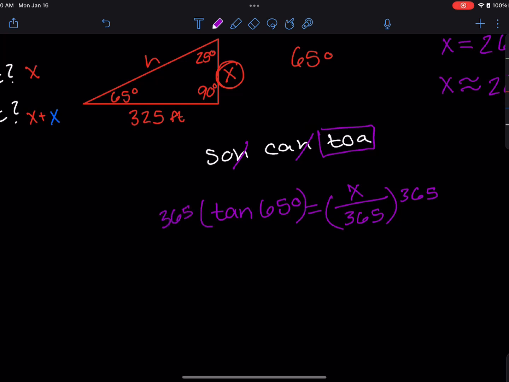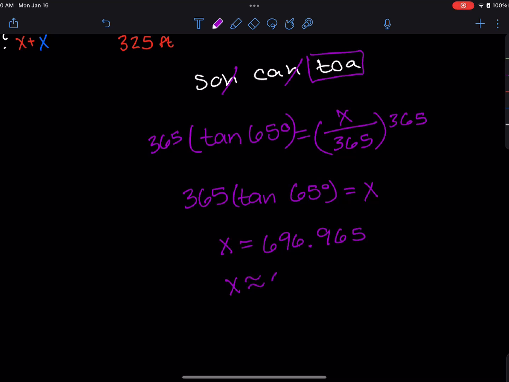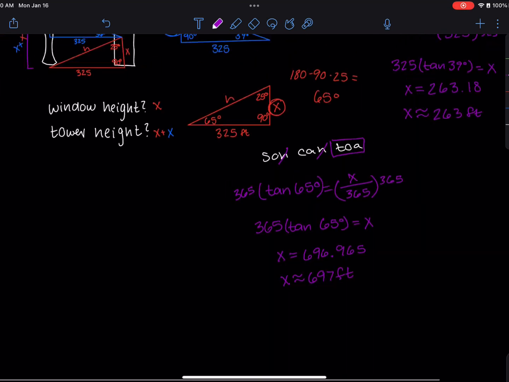Let's double check my math there. Yeah, I did 325 for the real problem. We would multiply that by both sides and get 325 times tangent of 65 equals x, which would mean x is 696.965, or approximately 697 feet.